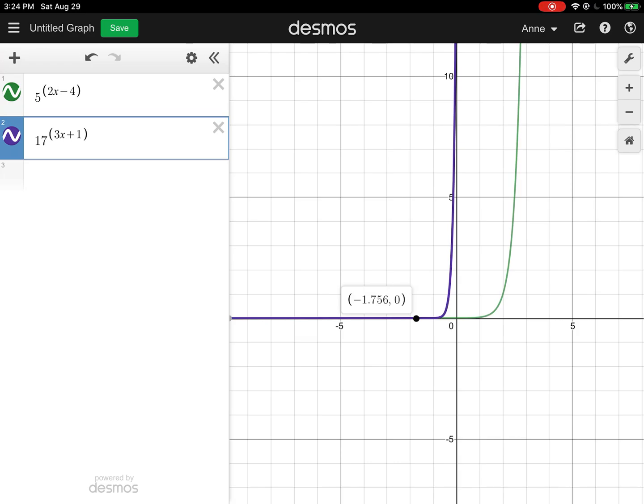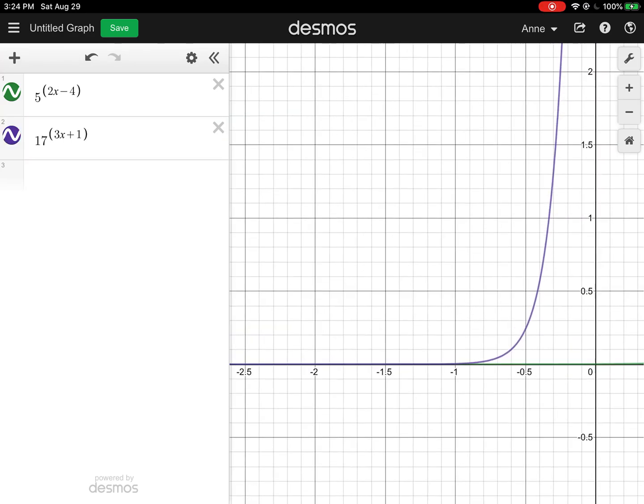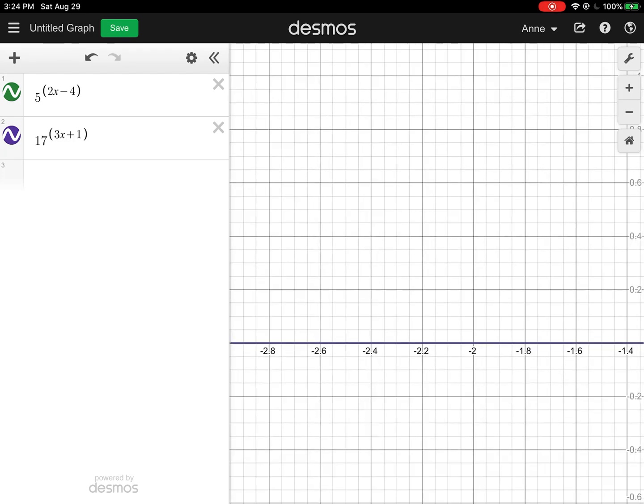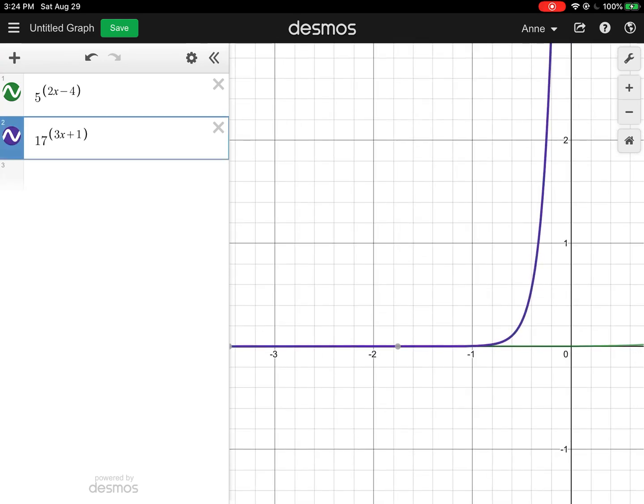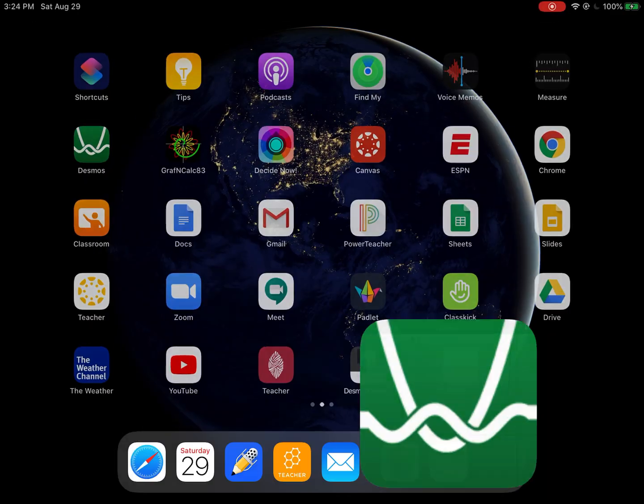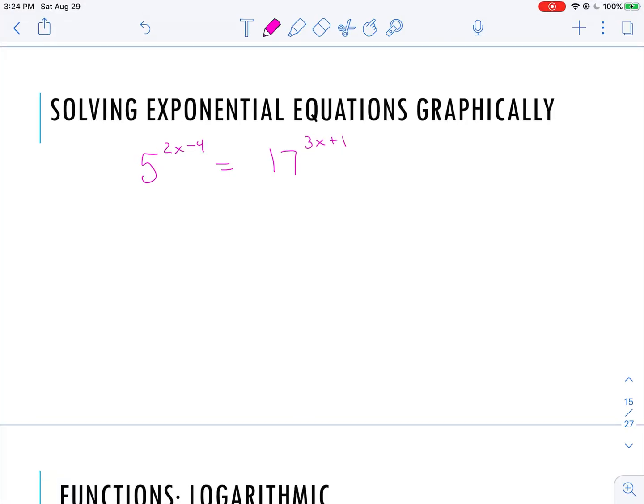So that would be where those two graphs would intersect each other. Yeah, that's the point that they're giving. So that's my point of intersection. So to find their solution graphically, you graph both and find their intersection point.